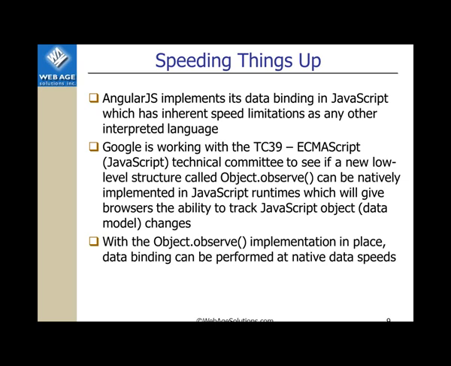Currently there is some action happening in the ECMAScript technical committee to implement a key structure called Object.observe in native code, so that JavaScript can call it through the JavaScript native interface, out into that low-level machine code, and that would dramatically improve performance in many parts of AngularJS and, for that matter, other JavaScript libraries and JavaScript overall.